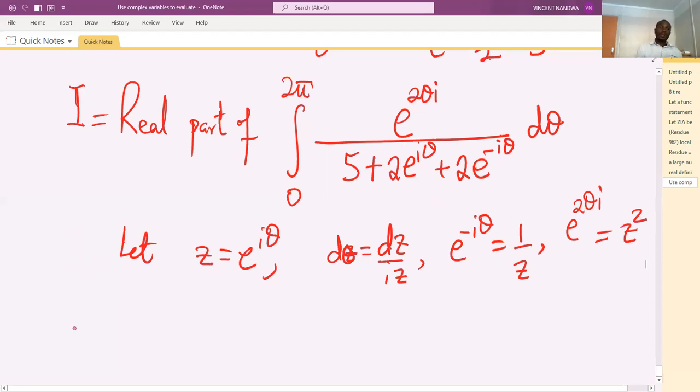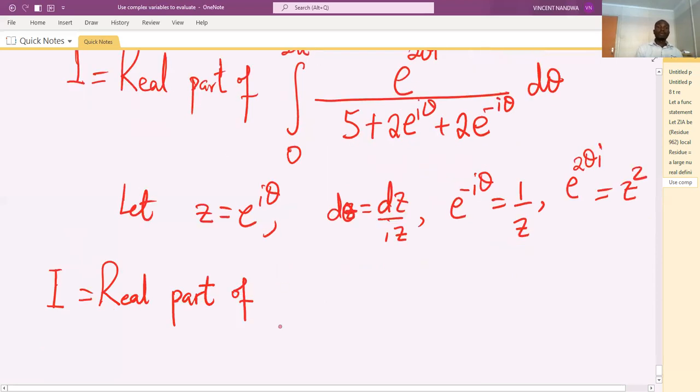So therefore we'll have the integral I is real part of, now when you fix z to be in the integrand, we are talking about the contour integration along the unit circle.